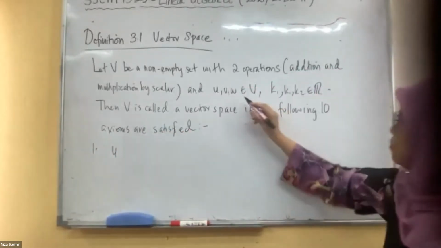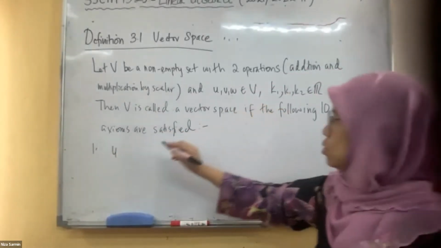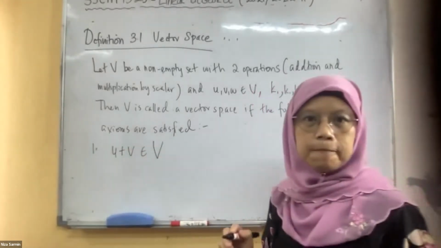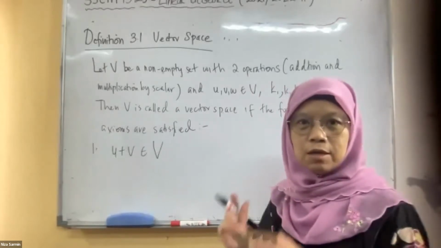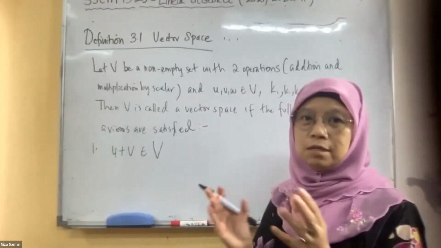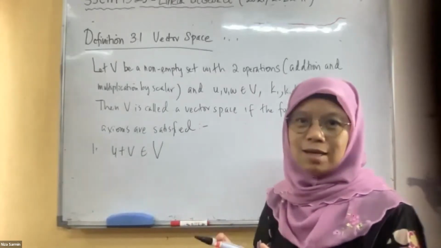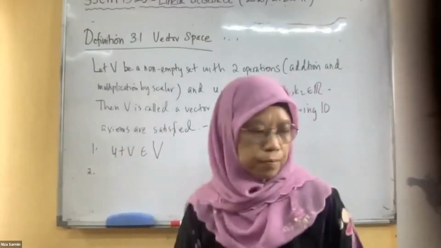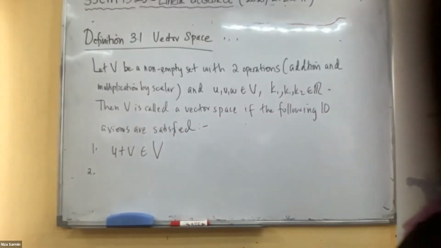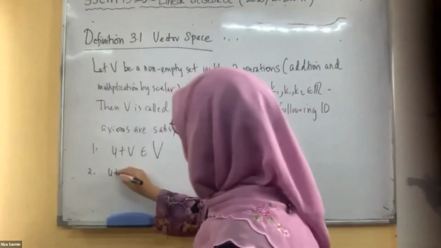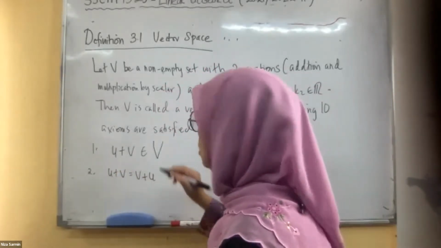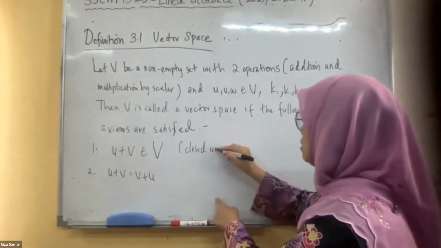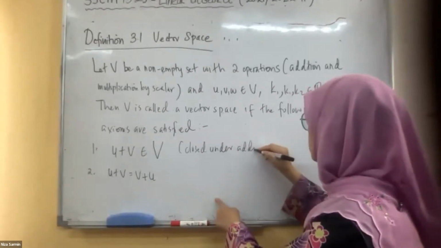This is for u, v, w in V. So u plus v is also in V. You have two elements inside the set; when you add, it is also an element in the set. Number 2. This one, we call closed under addition.